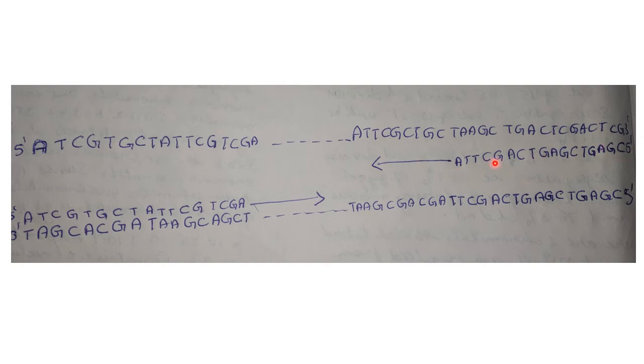They have given the options in the 5' to 3' direction, so it will be this. So this will be the reverse primer and this will be the forward primer. So the answer, I think, is option B.